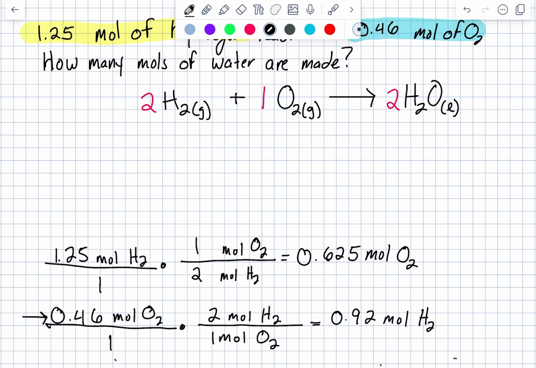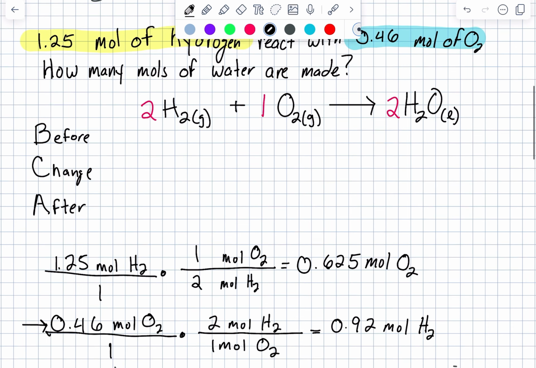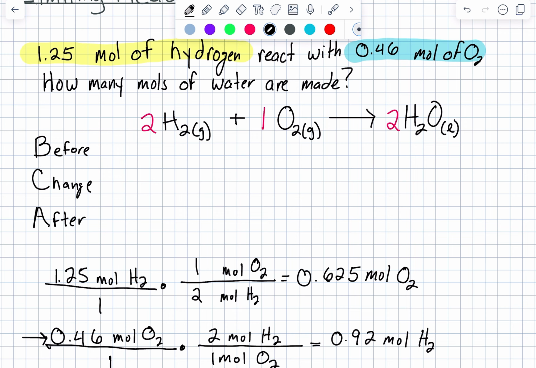And so this is going to be the formula we use. In order to figure some things out, we're going to do what's called a BCA chart. B stands for before, C stands for change, and the A stands for after. And so the before is exactly that. How much did I start with? So in the lab, I actually measured out 1.25 moles of hydrogen.